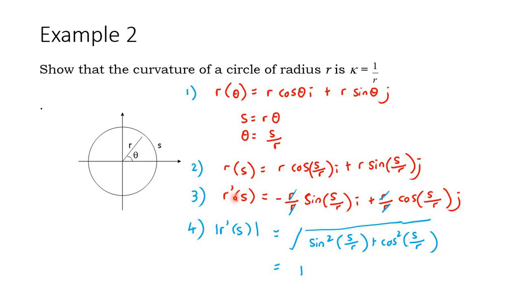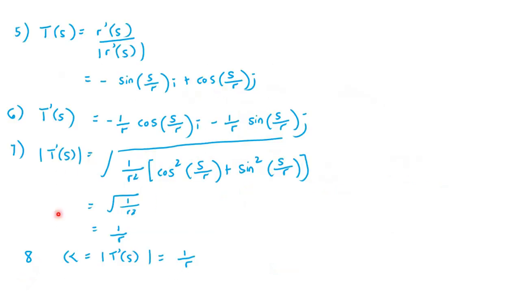Then find r prime s, magnitude r prime s, then you can find T(s), which is r prime s divided by magnitude r prime s, and then you find T prime s. If you take d/dt of T(s), you get T prime s, and later on the magnitude of T prime s, which is equal to the curvature.